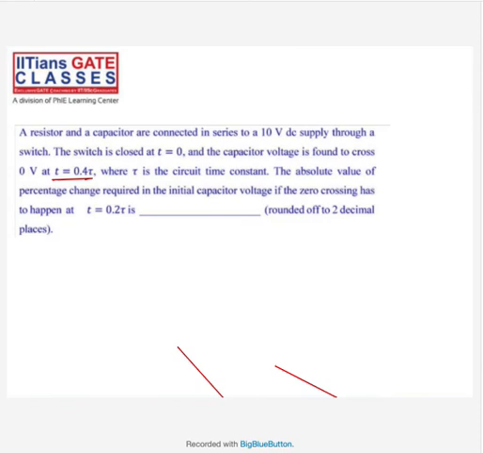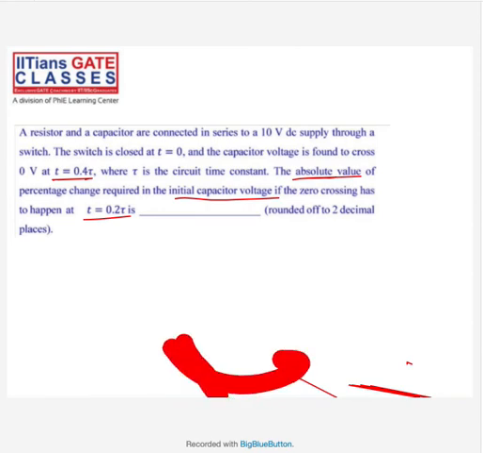The absolute value of percentage change required in the initial capacitor voltage, so that the zero crossing has to happen at t equal to 0.2 tau, is dash, rounded up to 2 decimals.